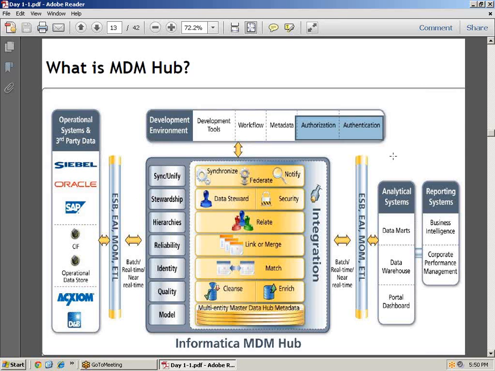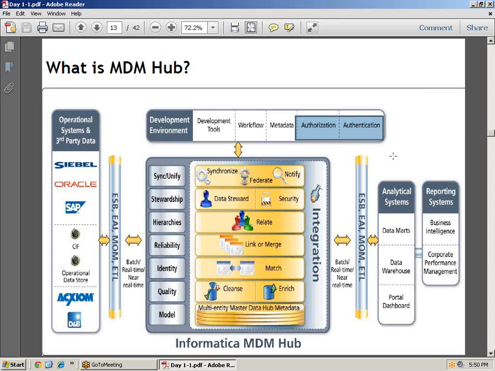To answer that, we have this particular interface, with external service providers through which we can get third-party authentication and authorization to this hub. For example, we have LDAP, which many organizations follow. So if you want to utilize LDAP authentication and authorization for this MDM hub, we can always do that.